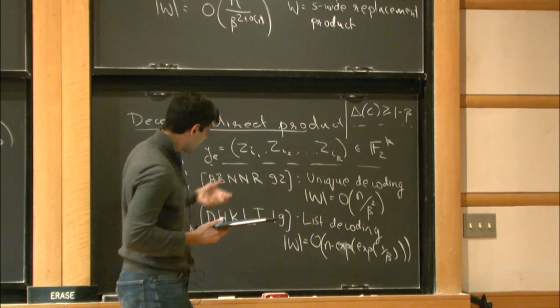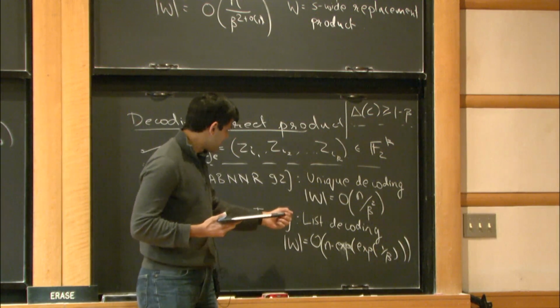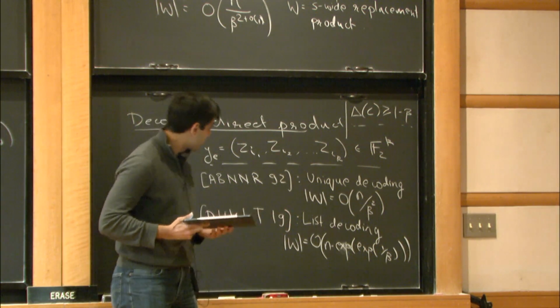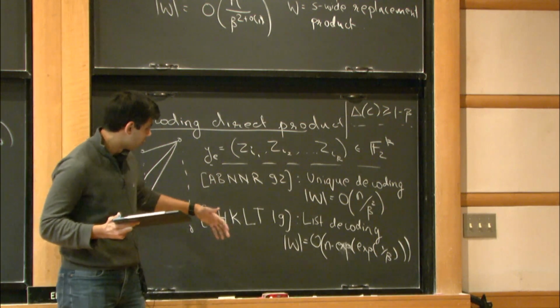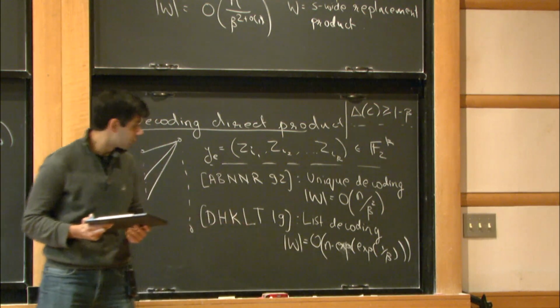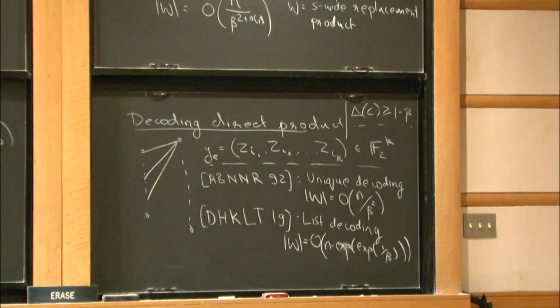So the direct sum result would be slightly stronger. Here, this was done for direct product by reducing it to some sort of constraint satisfaction problem. I'll show a slightly more general framework which works for direct sum, but also gets somewhat better parameters. Are there any other results on direct sum that you know of? These are the only ones I could find.